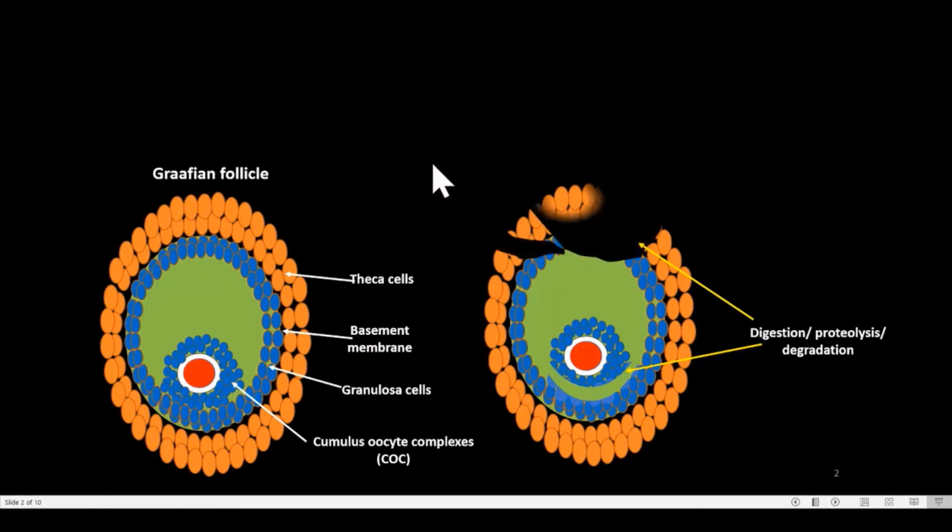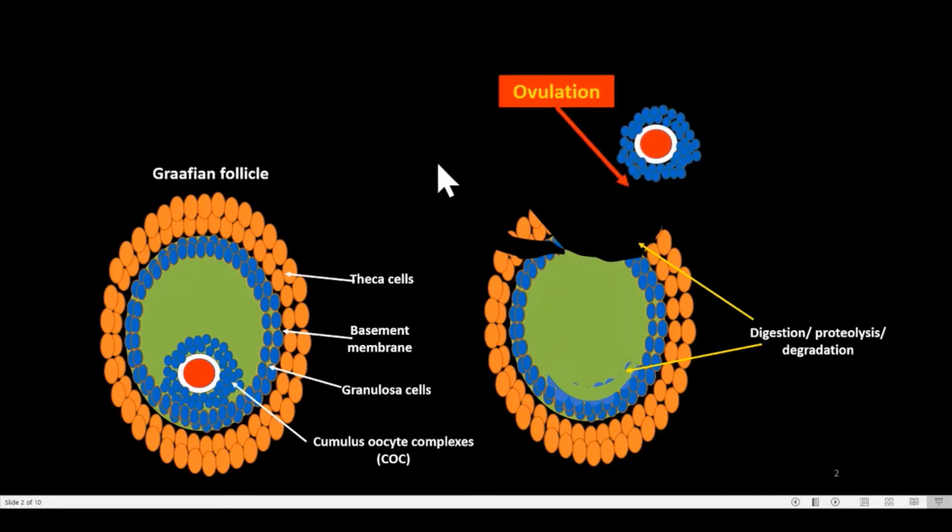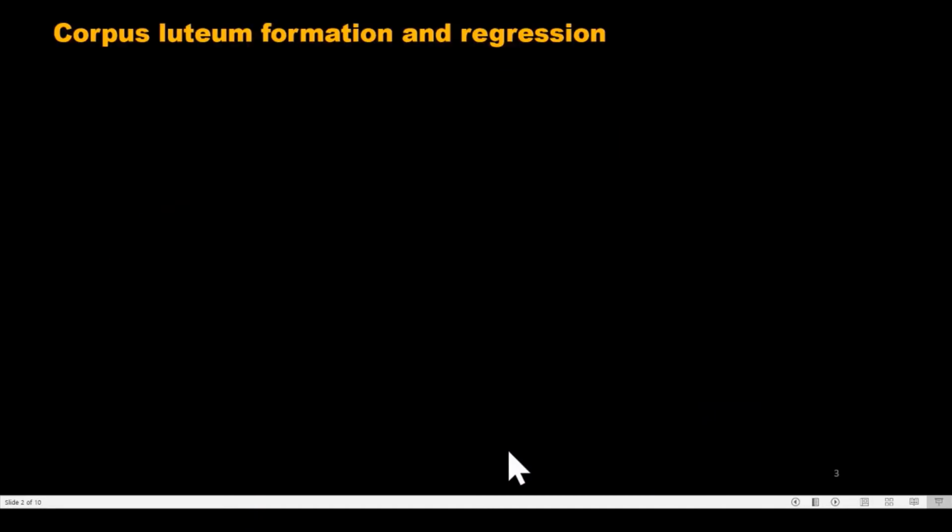This makes a way for the oocyte to escape from the follicle, and this is called ovulation. The structure left behind is going to form the corpus luteum. So, corpus luteum formation and regression.